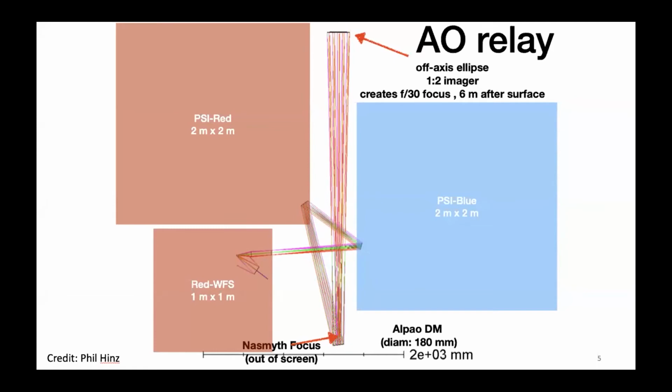That's a 1:2 imager that creates our F30 beam. From there, the light goes back to the bottom of the screen to the Alpao DM at the bottom, and then to the left to PSI red, to the right to PSI blue. These are dichroics that are splitting the beam, and then again to the PSI red wavefront sensor.